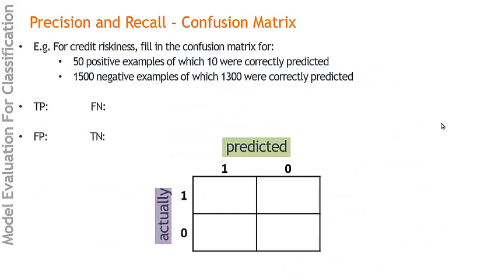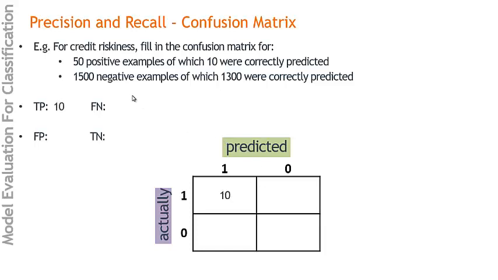Now it's useful to be able to work out some examples of confusion matrix. If you're given data, you should be able to fill in the confusion matrix based on the data. So for credit riskiness, for example, with 50 positive examples, 10 correctly predicted, that means that there's a 10 in this box here.